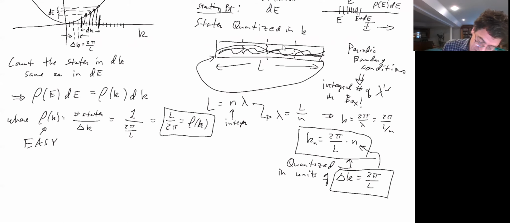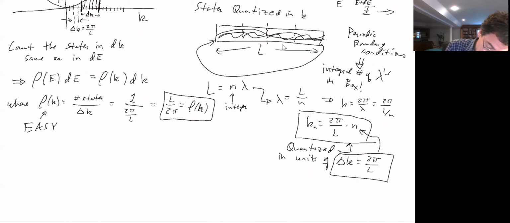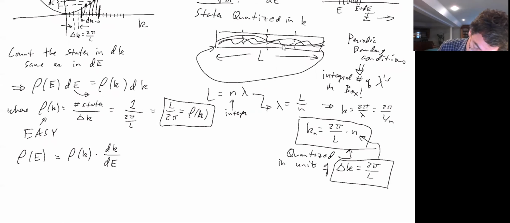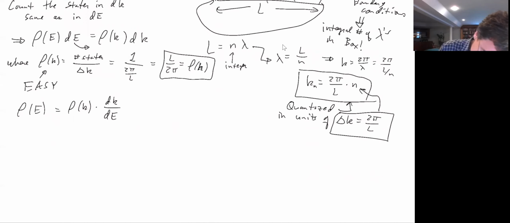And so that means then that we can say that rho of E is equal to rho of K, what we know, times dk over dE, because we just pulled that underneath. But dk dE is also pretty easy. And this is all pretty easy because rho of K, we know that one, it's L over 2 pi.